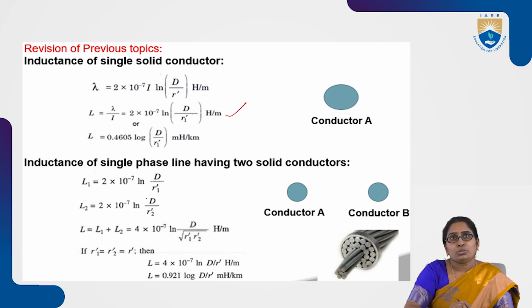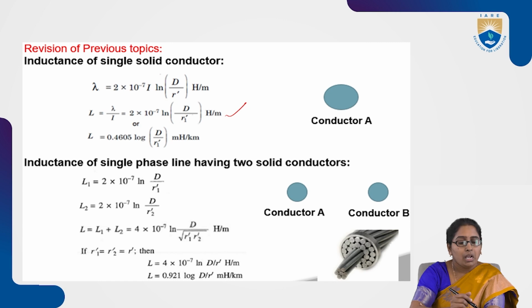With respect to one conductor, the inductance L1 is 2 into 10 power minus 7 log base e capital D by R1 dash. With respect to the second conductor, the inductance L2 is 2 into 10 power minus 7 log base e capital D by R2 dash.